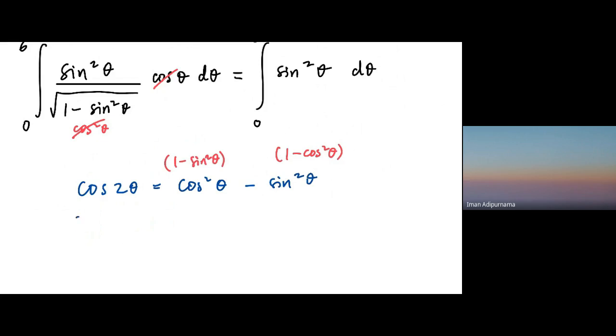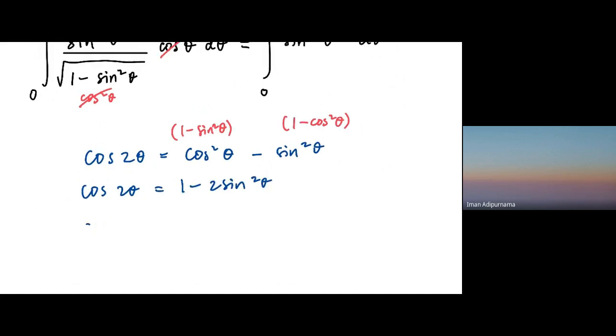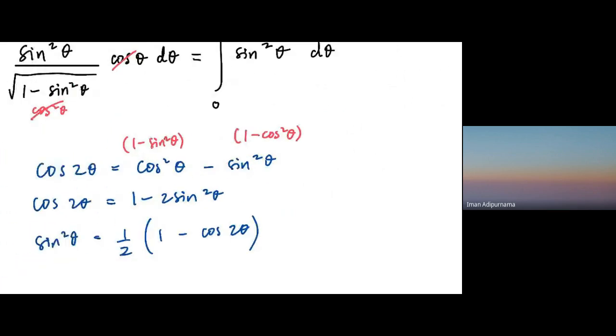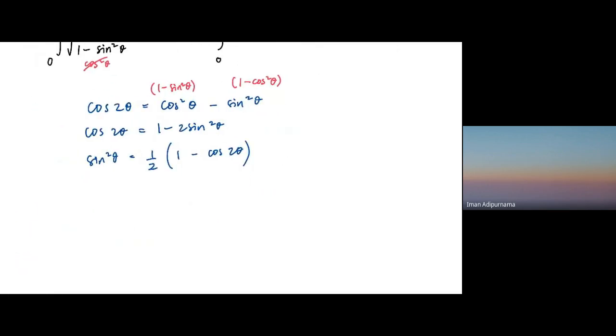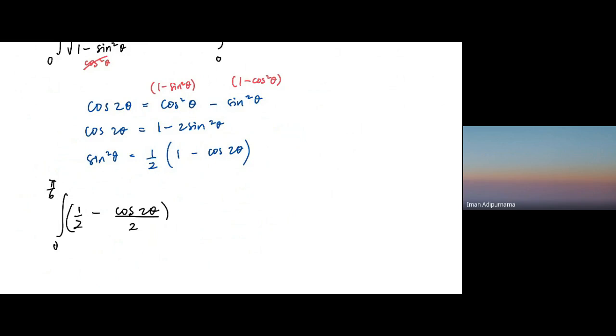In our case, this becomes 1 minus 2 sine squared theta. So sine squared theta is half of 1 minus cos 2 theta, and we replace this in our integration. So our integration will be from 0 to pi over 6 of half minus cos 2 theta over 2 d theta.